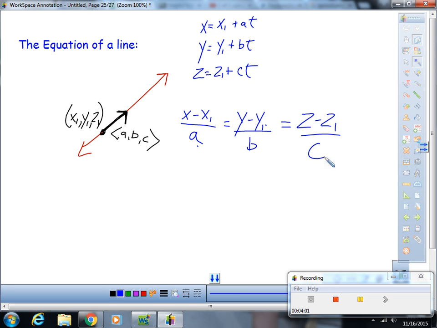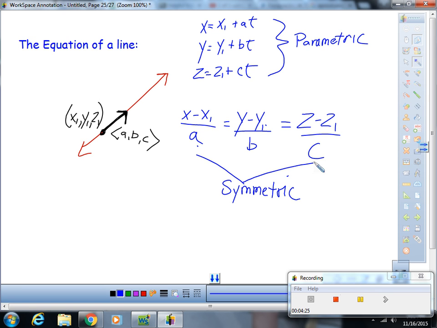Did I do that right? Yes. Okay, so these are the parametric equations of how to represent a line. And these are called the symmetric equations of how to represent a line. Once again, not that easy.